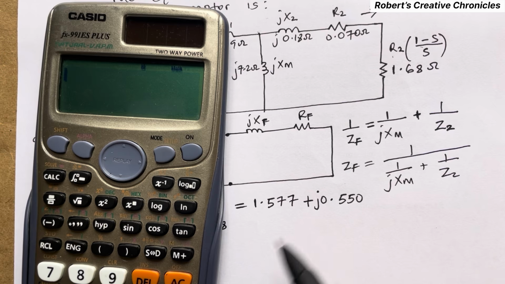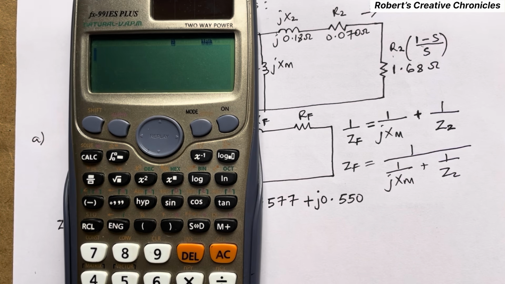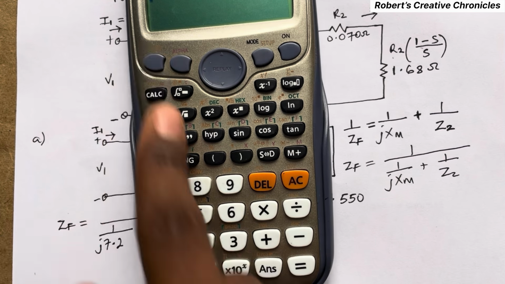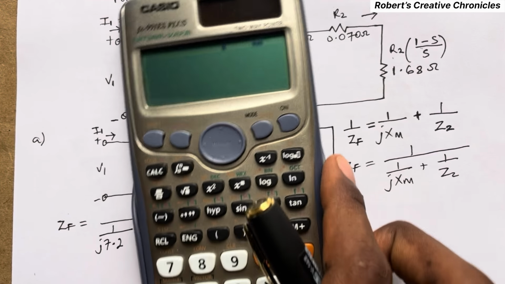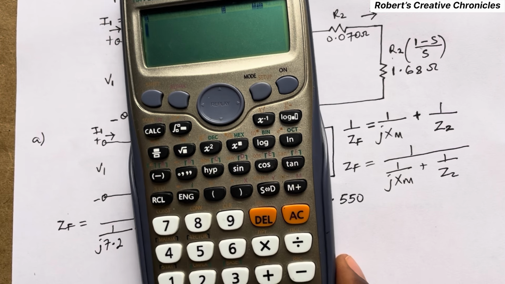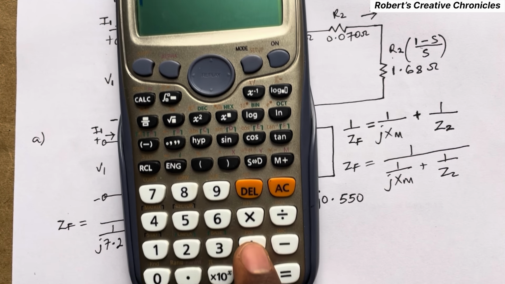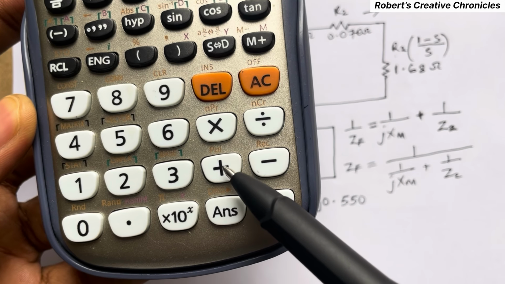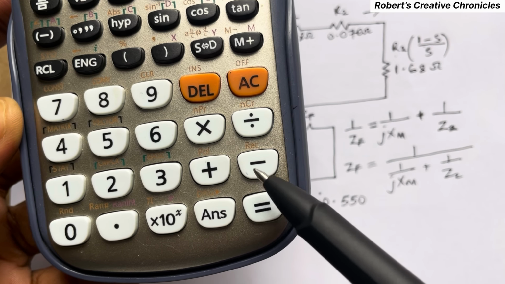If you want to convert it to polar form, you can convert it using this. You press shift, and you can see an option for polar and an option for rectangular.